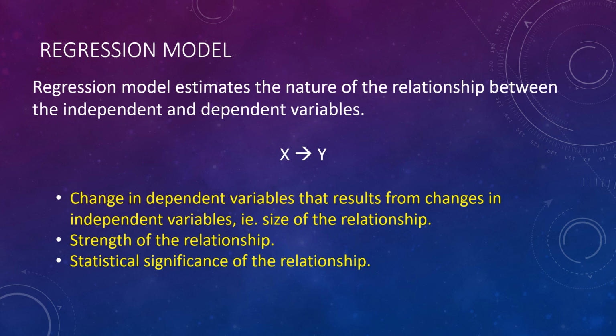Regression modeling also takes a look at the strength of the relationship between the two, and that's the R-squared aspect of it. And then also it takes a look at what we call the statistical significance, because just like anything else in statistics, I can put together a model that I think explains something really, really well, and it might not be statistically significant. In other words, what I saw actually happening really happened by chance. And so we never get away from that aspect of statistical significance.